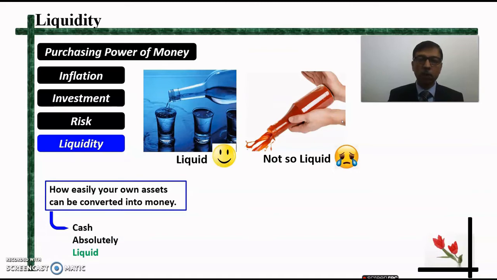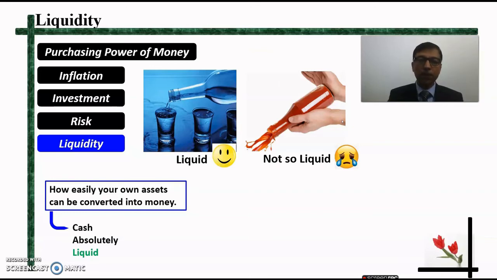Say you have your amount in your savings bank account, and if you want to use a small portion of that, you just go to the market, buy whatever you want, and you swipe your card and the thing is done. So it is as simple as that. Therefore, your cash in the bank is considered to be absolutely liquid.